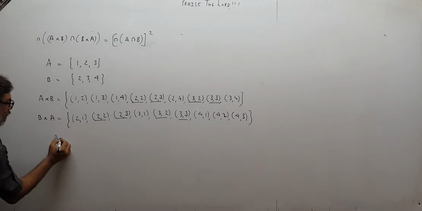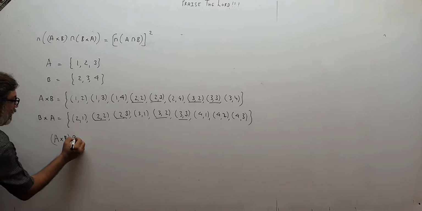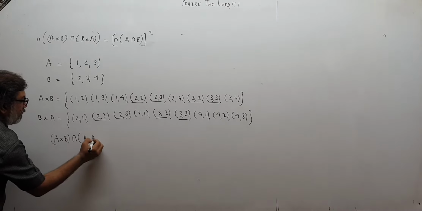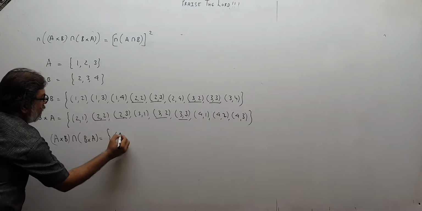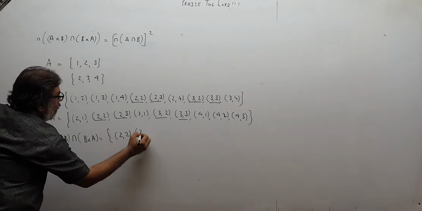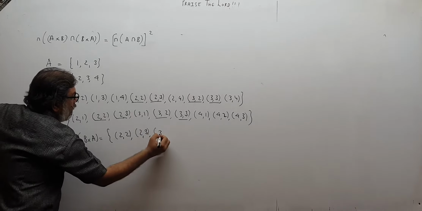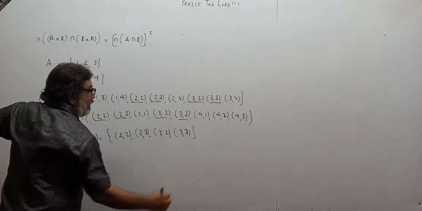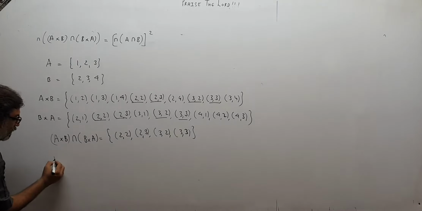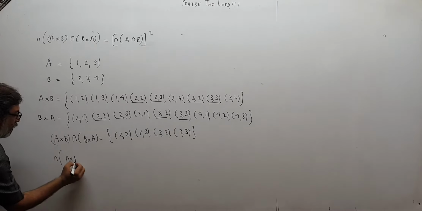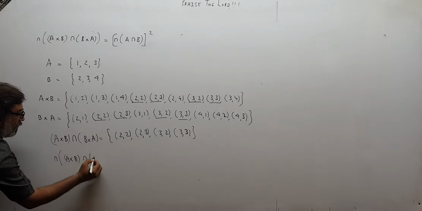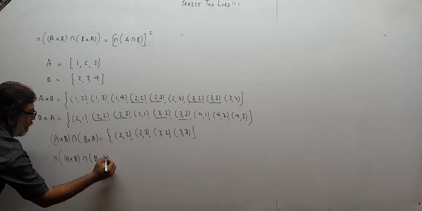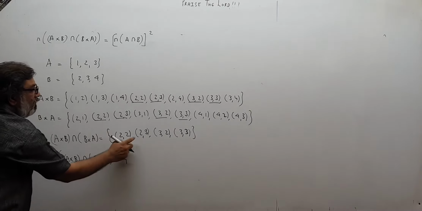So A cross B intersection B cross A is 2,2; 2,3; 3,2; and 3,3. Yes, these 4 elements. The number of A cross B intersection B cross A is 4.